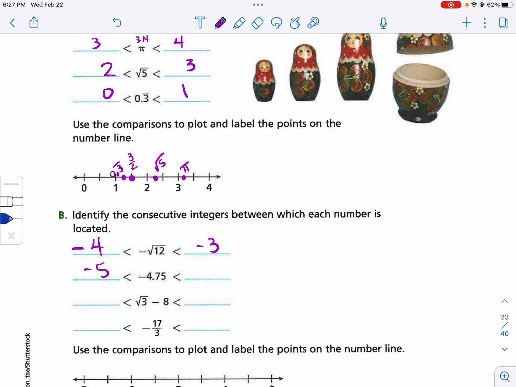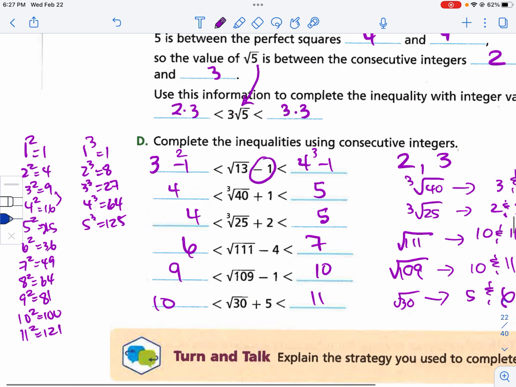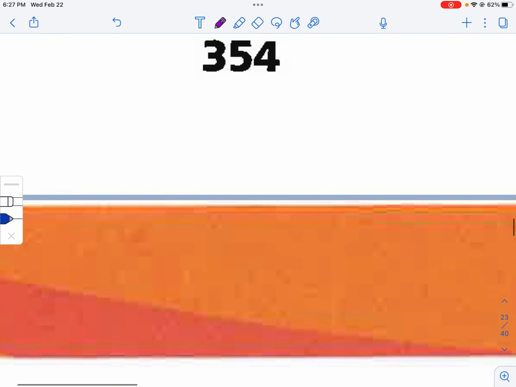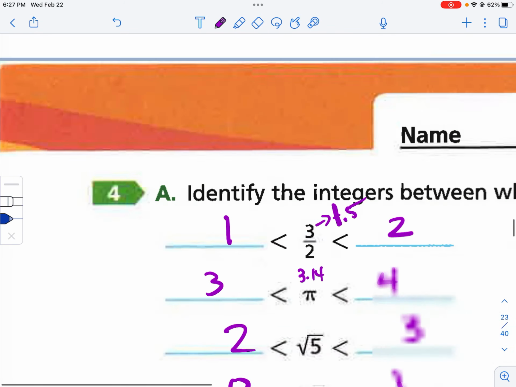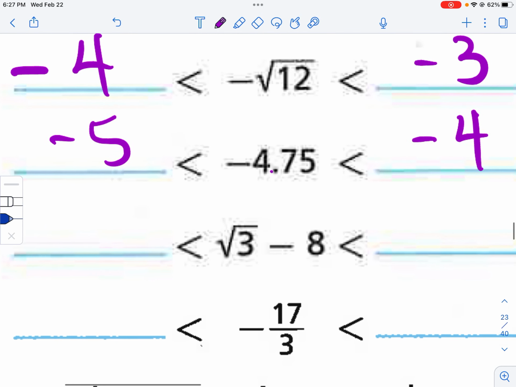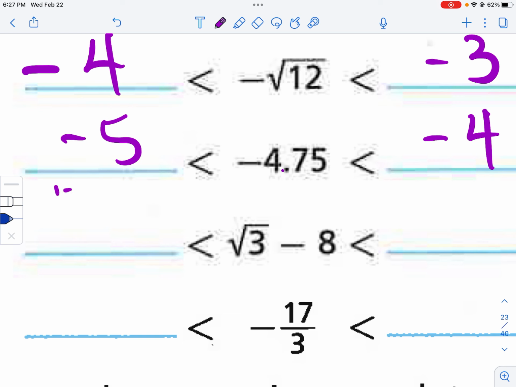So it's between negative 5 and negative 4. The square root of 3 would be between these two. So 1 and 2, but it's asking to subtract 8. So 1 minus 8 will get negative 7 and negative 6.